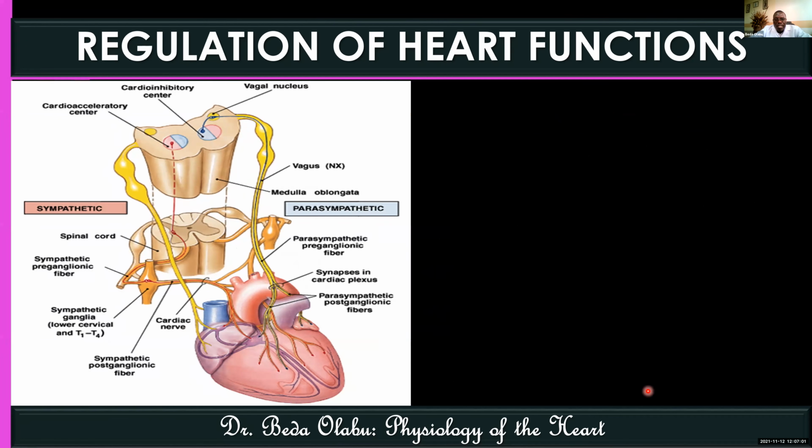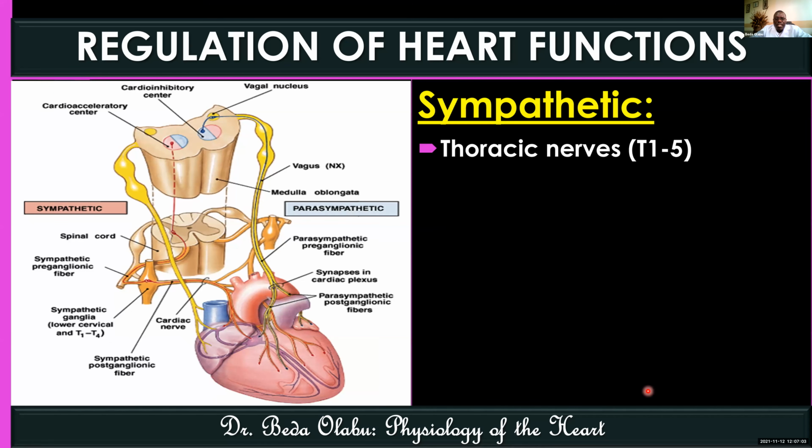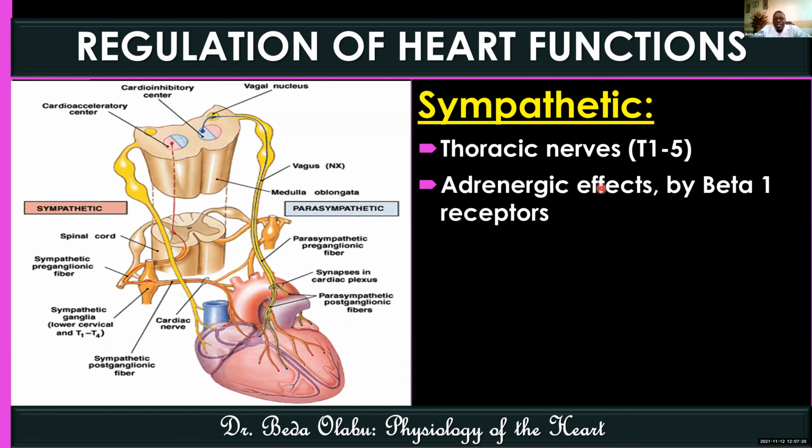How about sympathetic? Sympathetic innervation is via, remember, sympathetic outflow is thoracolumbar. But the sympathetic nerves that go to the heart come from T1 to T5 of the spinal cord. The postganglionic sympathetic neurons release noradrenaline as a neurotransmitter. So these are adrenergic effects, and they bind onto the beta-1 receptors.